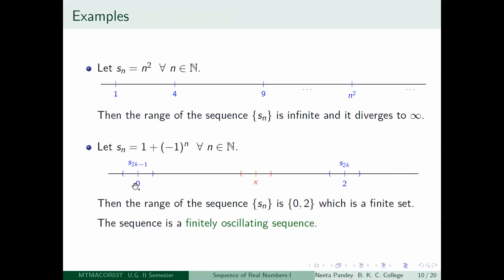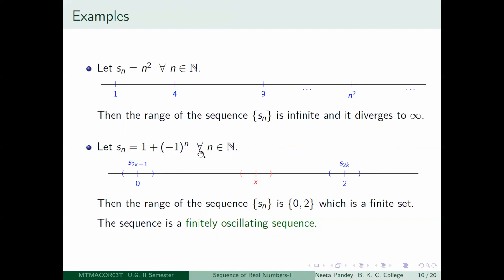So how does your sequence look like? It is a classical sequence which is going to give you an oscillating sequence. You start with S1, so it is 0, then S2 is 2, then S3 is again 0, S4 is 2, S5 is 0, S6 is 2, and so on. So you keep on oscillating between 0 and 2. If you write it down in detail, it is just 0, 2, 0, 2, 0, 2, and so on.